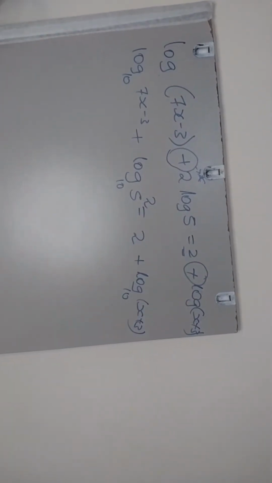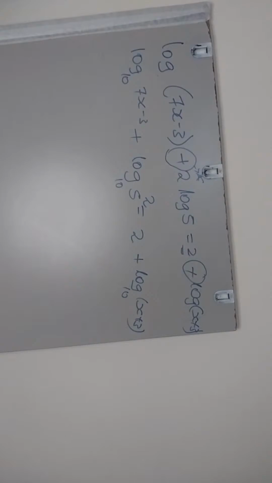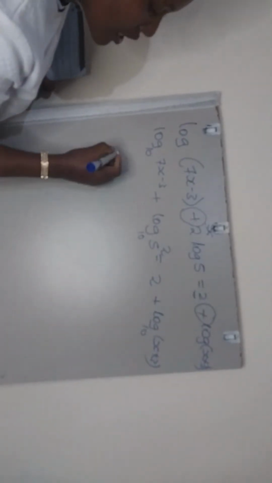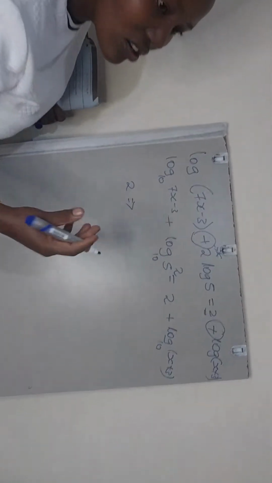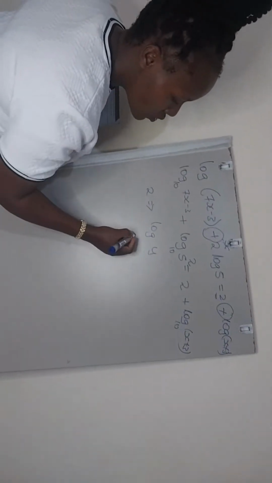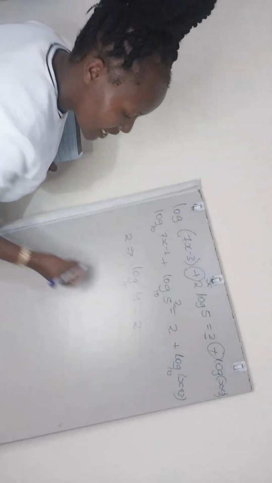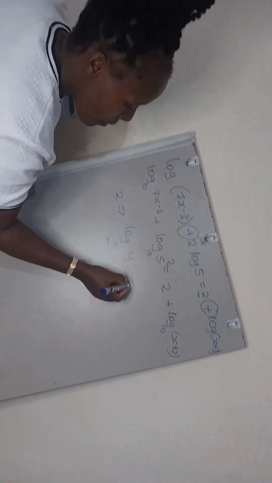We cannot do log to base 10 because we have a number that is not expressed in terms of log to base something. So let us now change our 2 to be log something to base 10. Log what we don't know to base 10 gives us 2. As I said, the base of the log, to the power of this number, gives our unknown.